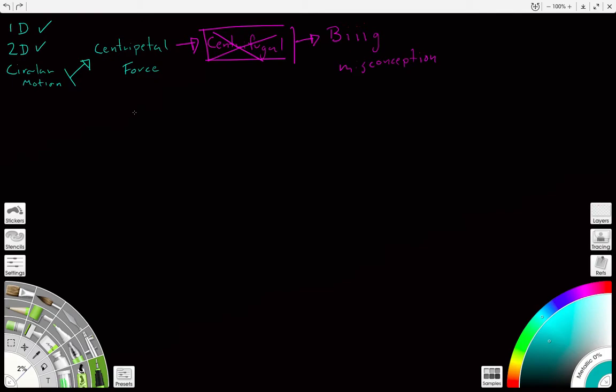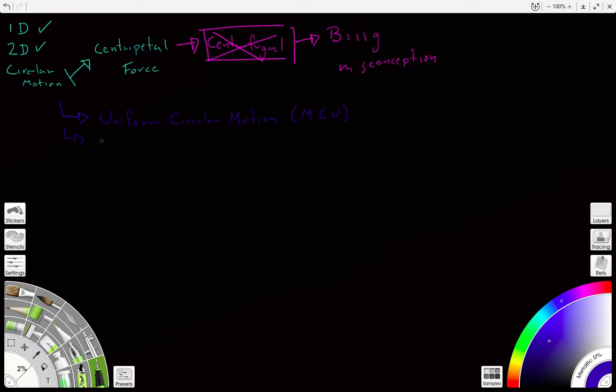First thing, let's see what circular motion is. This topic subdivides into two different topics. Let's call this uniform circular motion, or in Spanish, movimiento circular uniforme.